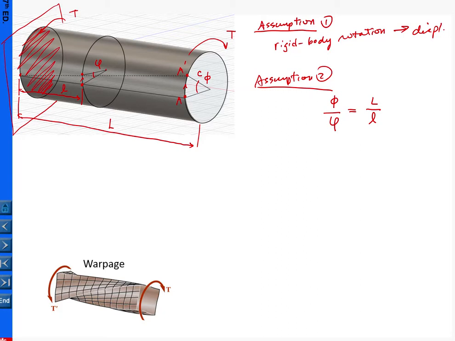You may wonder why we want to make such two assumptions. Basically, the two assumptions can be proved; they are actually facts. They are both facts corresponding to the circular shaft.